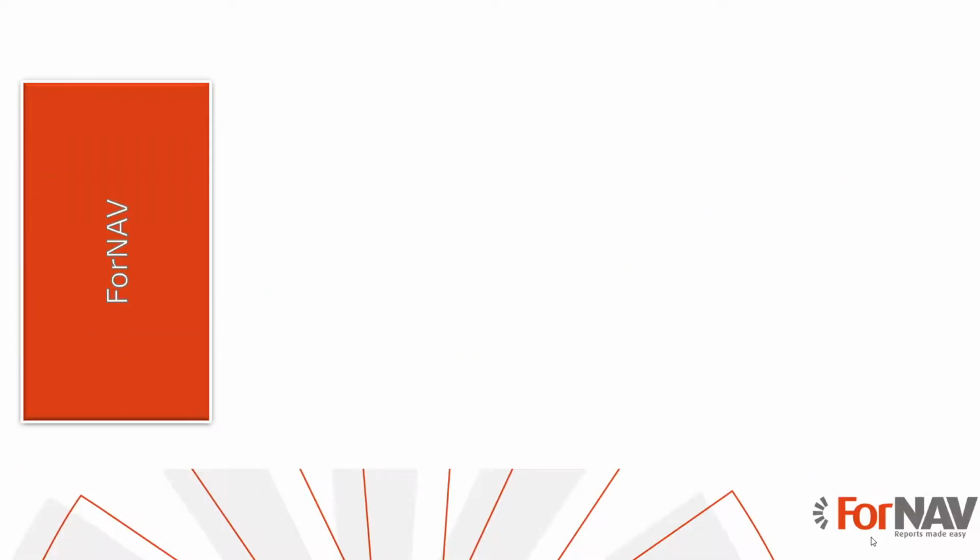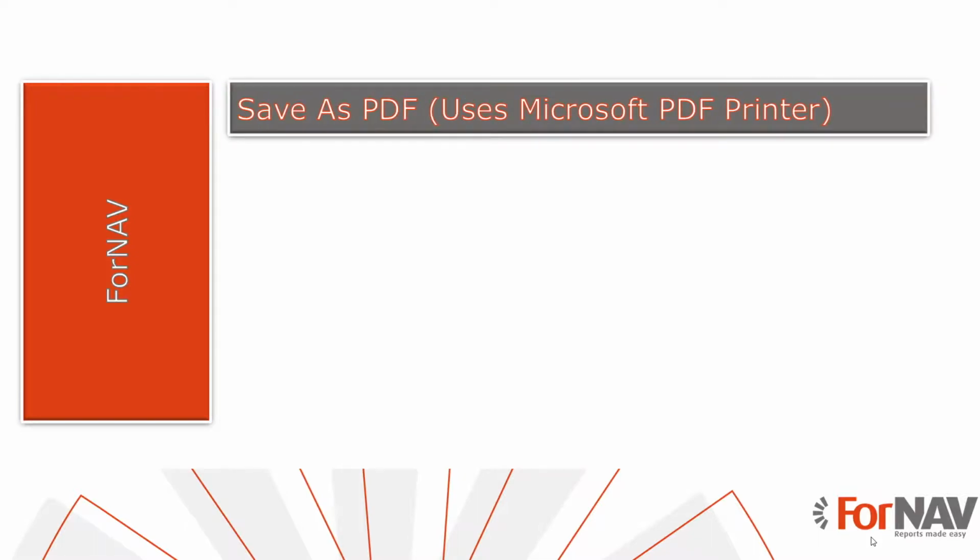So what can you do if you use ForNAV in combination with PDF options? First of all, you can save a report as PDF, just like with RDLC, and this uses a PDF printer. By default, ForNAV will search for the Microsoft PDF printer.